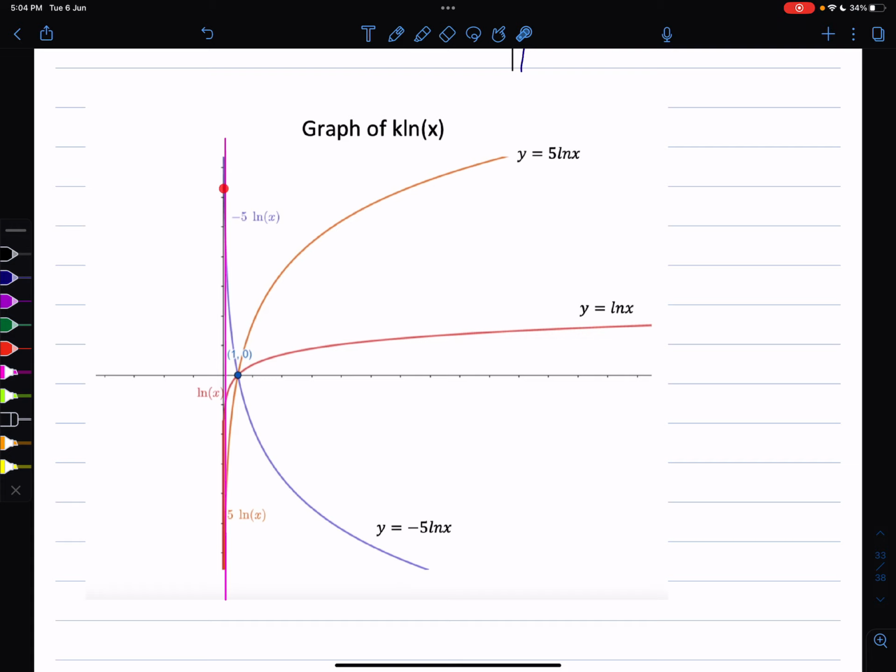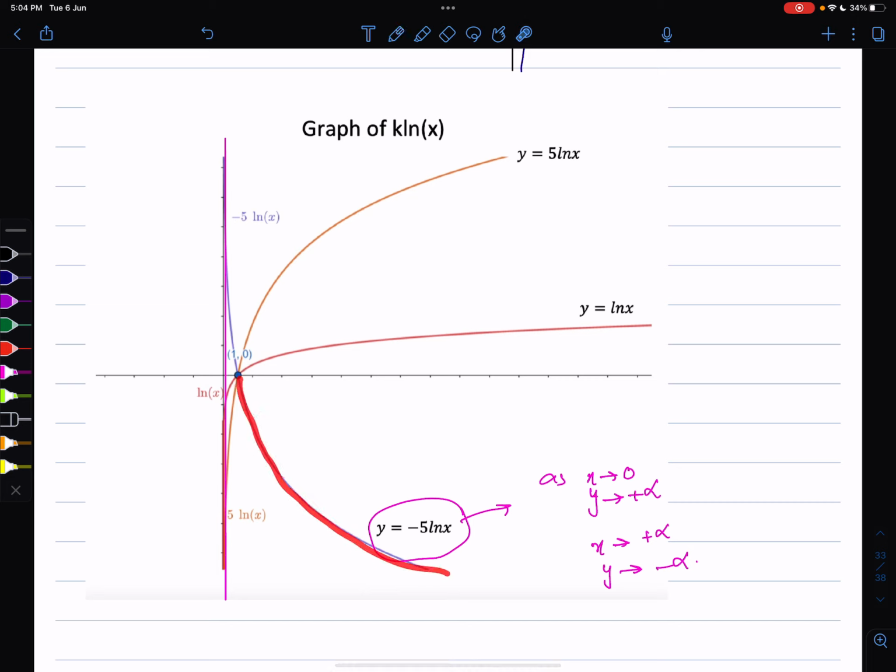As the value of x increases, the value of y decreases. For minus 5 ln x, as x approaches 0, the y value approaches positive infinity, and as x approaches a very large value, the y value approaches negative infinity.